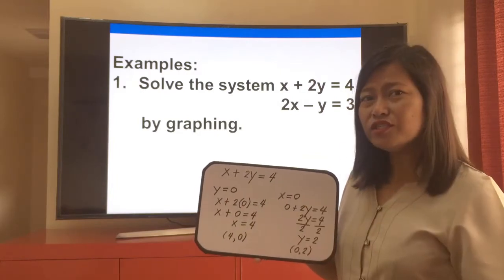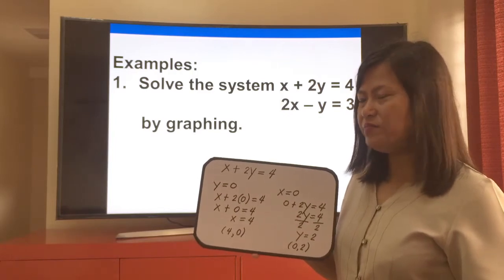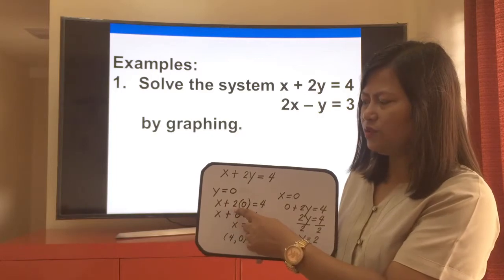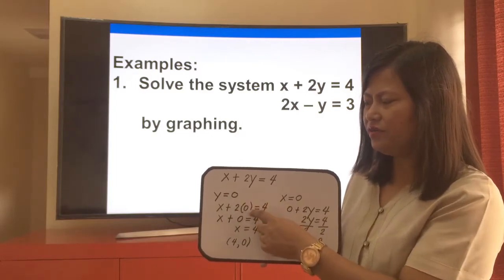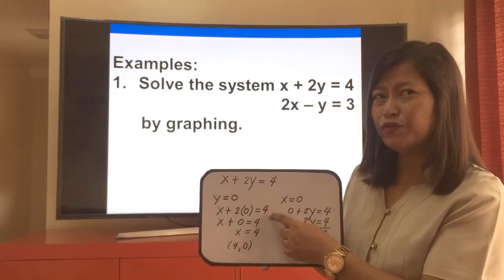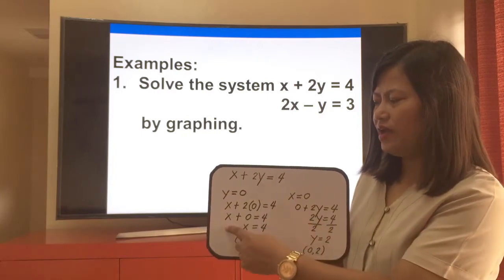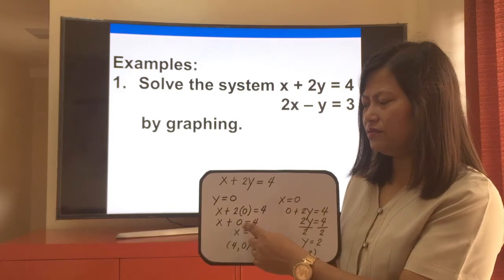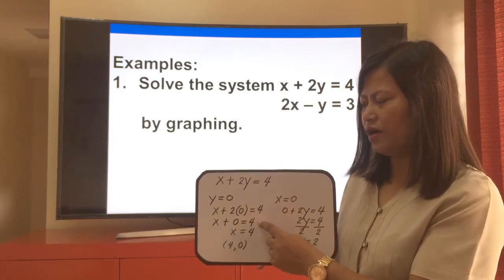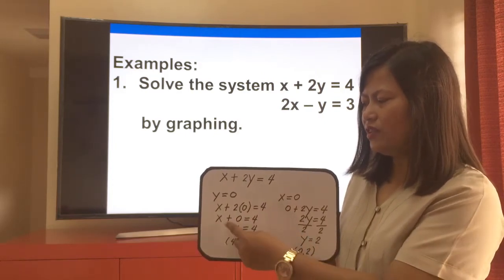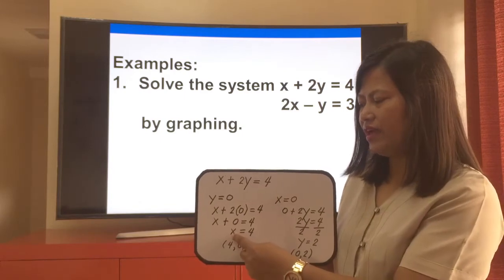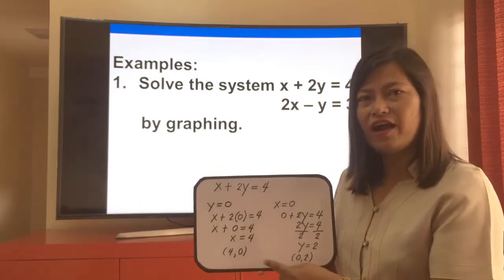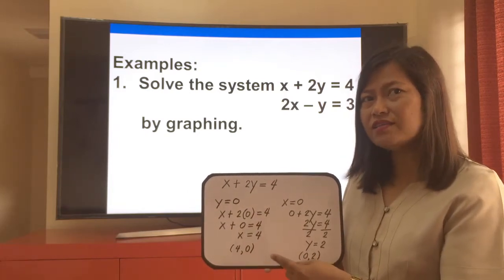For the x-intercept, we let y = 0. So x + 2(0) = 4. Copy x, 2 times 0 is 0, equals 4. So on this side, we have x = 4. We have the point (4, 0).